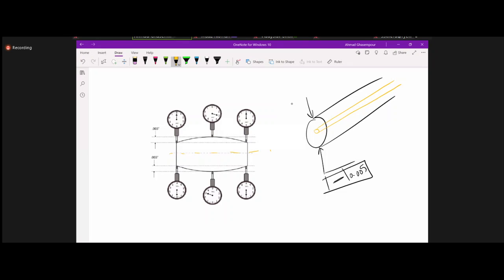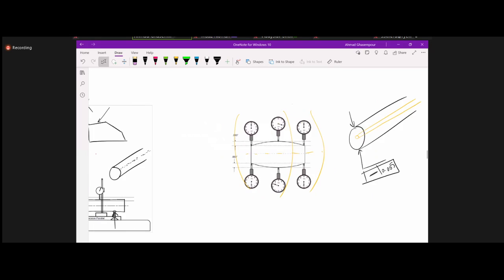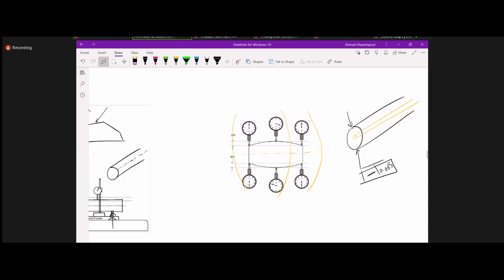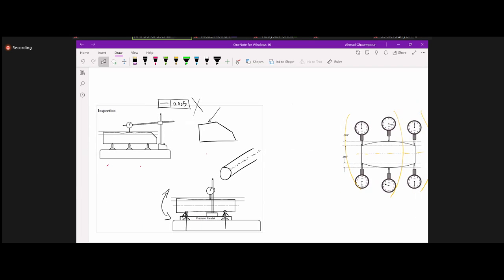So the way it's shown here, 0, 0, 3, 3, 0, 0 is basically perfectly straight. Now, if there's a difference between any two of these readings, you just monitor that, and that has to be within a tolerance. The moral of the story is that without maximum material condition, which allows you to make a gauge, it's very difficult to inspect this tolerance.